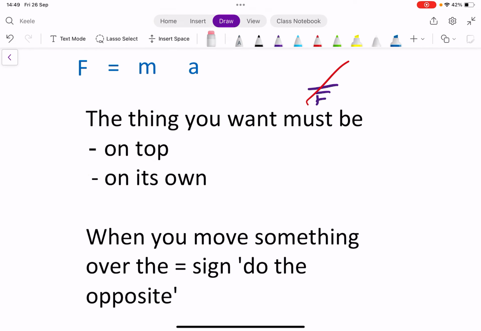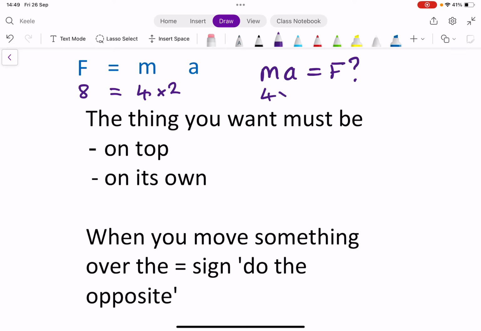Just consider one quick little thing. If F equals ma, does ma equal F? Well, if you're not sure, let's just try it. 4 times 2. Yeah, that's true as a sum, isn't it? 8 equals 4 times 2.